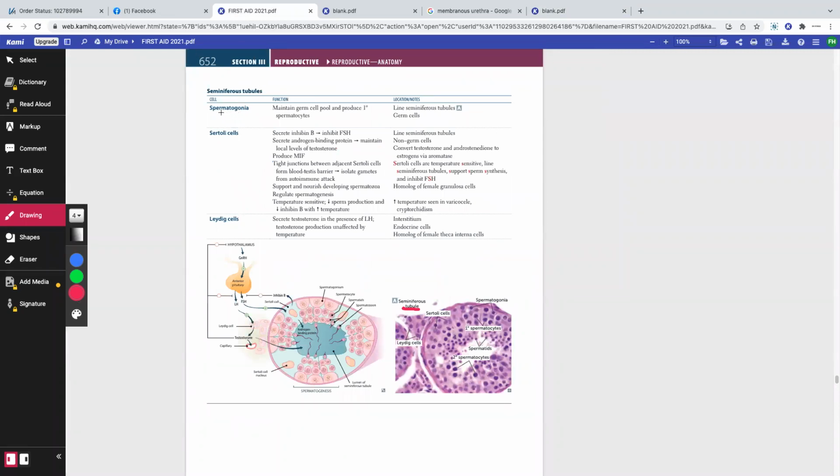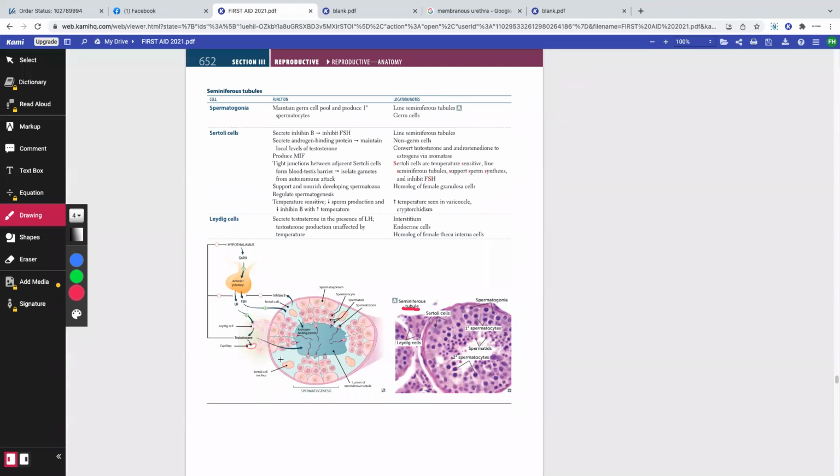So the seminiferous tubules, you have the spermatogonia, which maintain the germ cells. Sertoli cells secrete inhibin, which inhibits follicle stimulating hormone. They also secrete androgen binding protein, and they produce Mullerian inhibiting factor. So we are all aware of this. Tight junctions between the Sertoli cells form the blood testis barrier. Please underline this line.